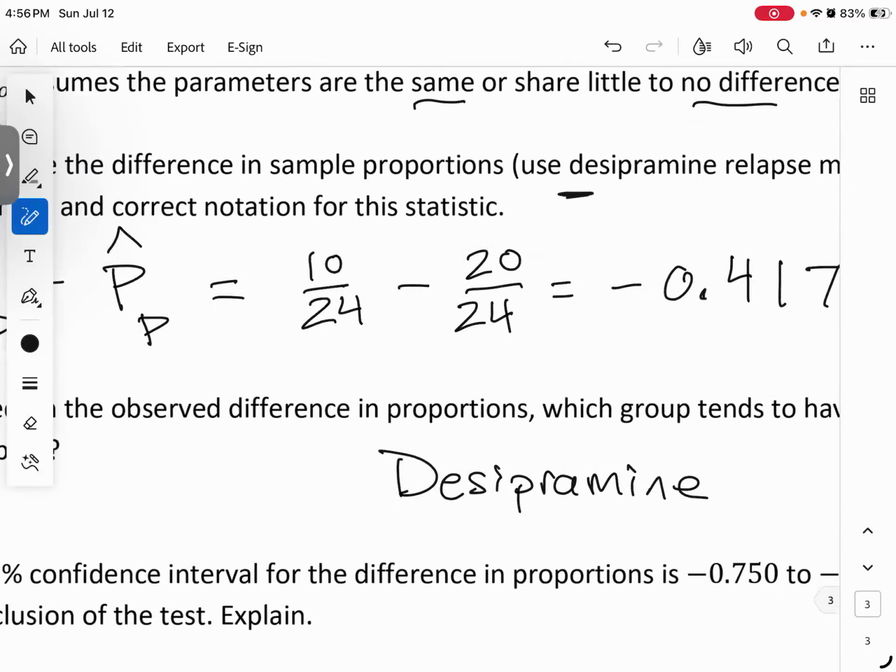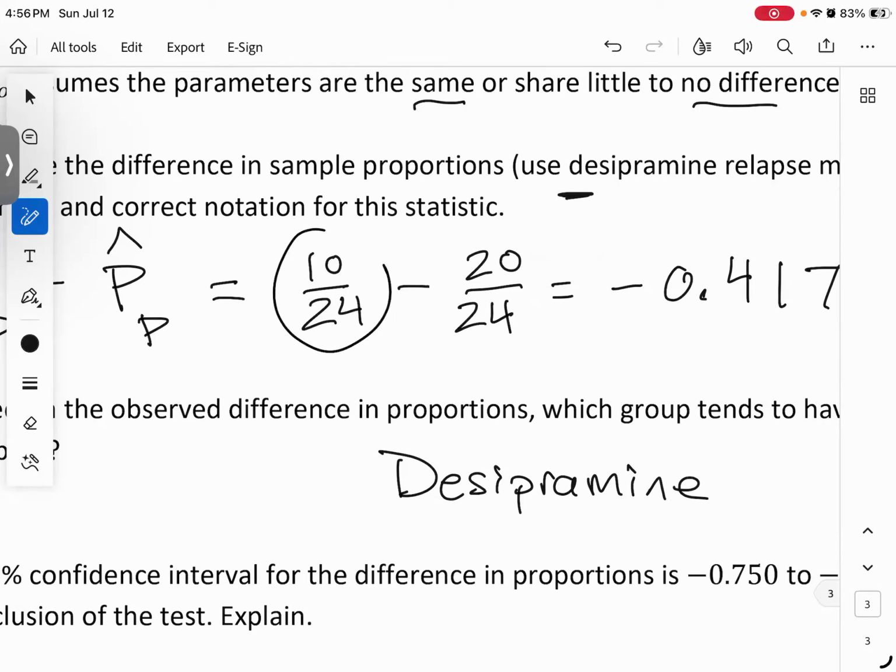But if you're ever having second guesses about who's better, who's worse, if you just do 10 over 24, that's 0.41666666, like 41%, 42% almost relapse with the new drug. And if you do 20 over 24, this is like 0.833.